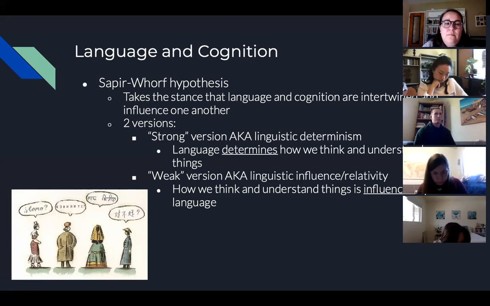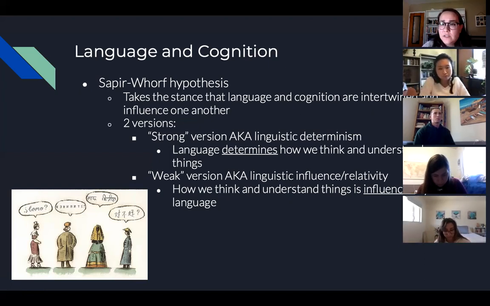And so this is called the strong hypothesis or the stronger view because it states that a person isn't able to understand a concept if they don't have a word for that concept in their language. So there's this idea that the language that we speak, and the ways in which it functions, determines how we think and understand things.